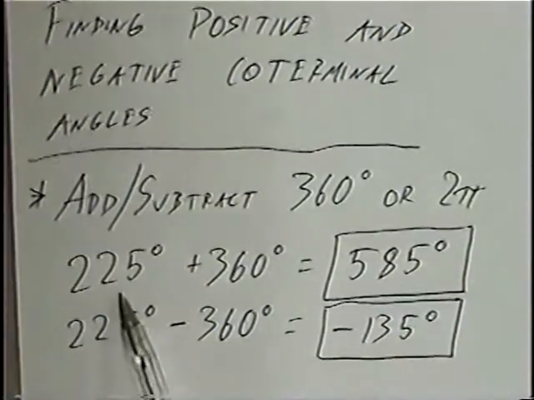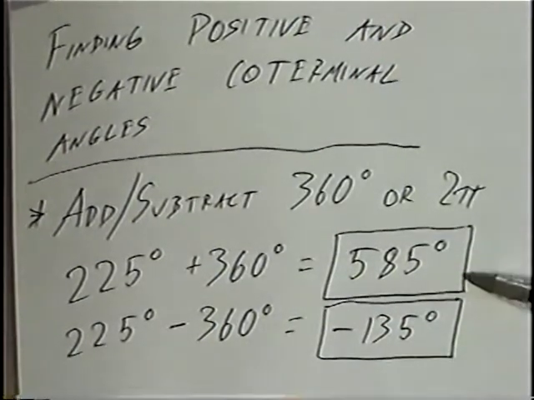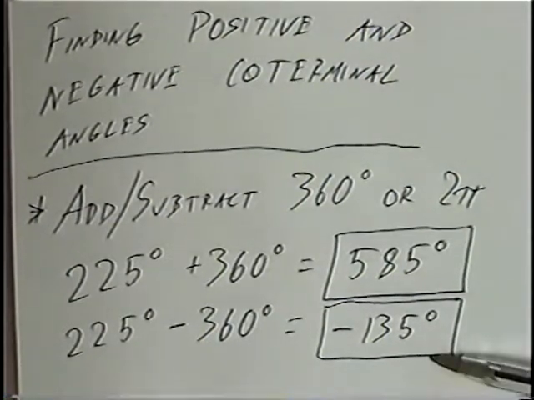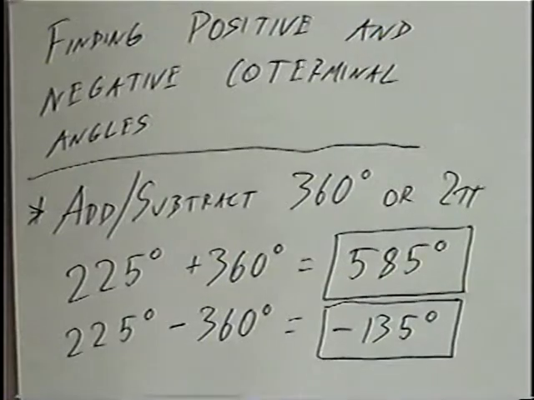So for the angle 225, a positive coterminal angle is 585, and a negative coterminal angle is negative 135.